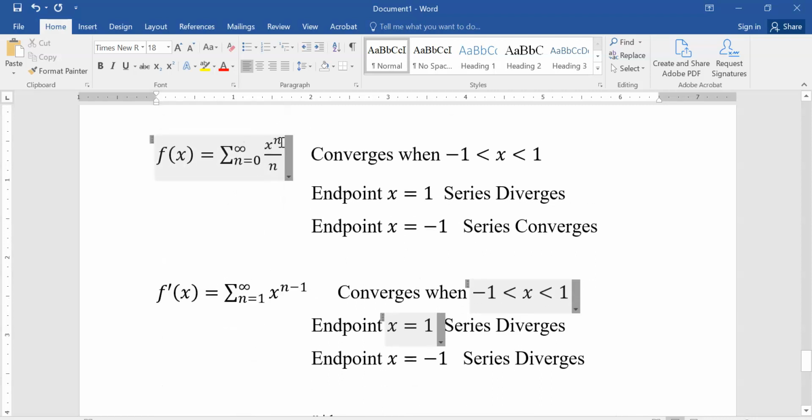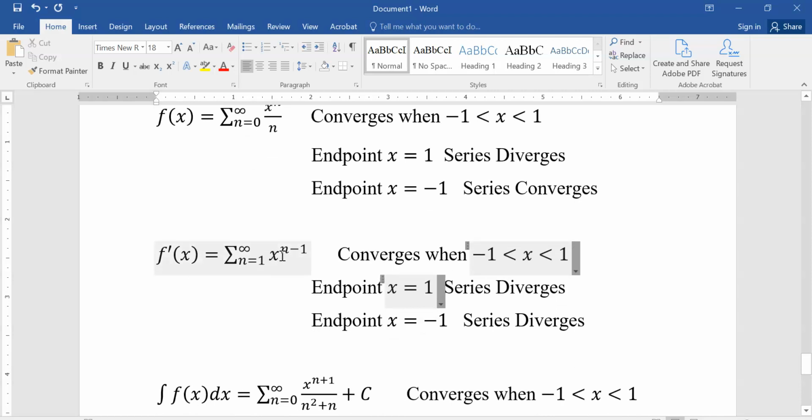The n comes down, you multiply, it cancels out this n, and you just get x to the n minus 1. Well, it still is going to converge on that same interval from -1 to 1, except in this case, when you plug in 1, the series diverges, and also when you plug in -1, the series also diverges.